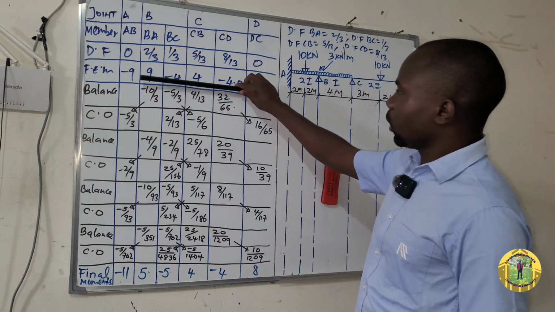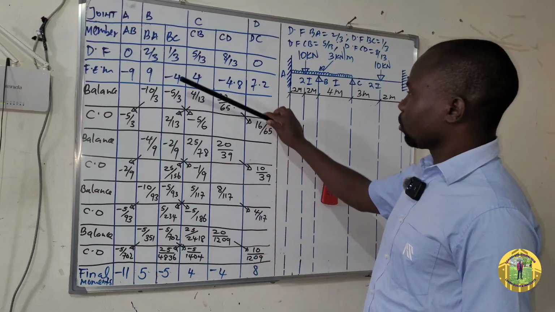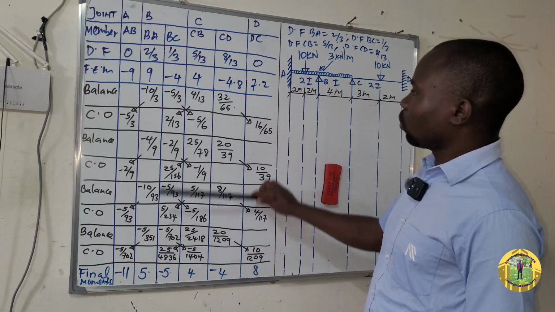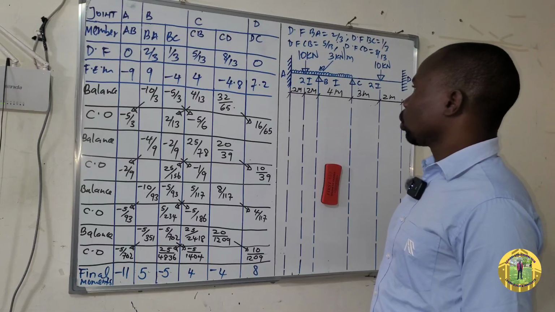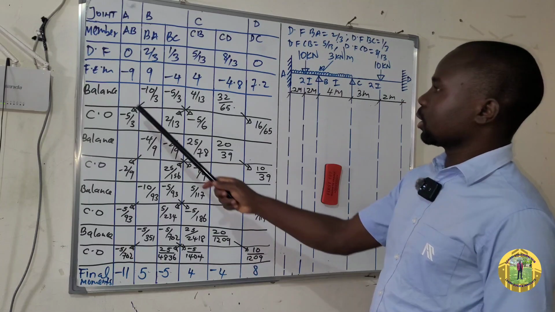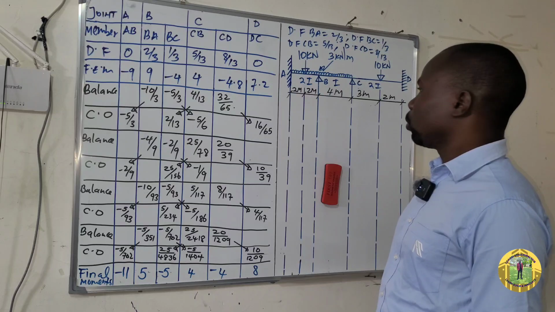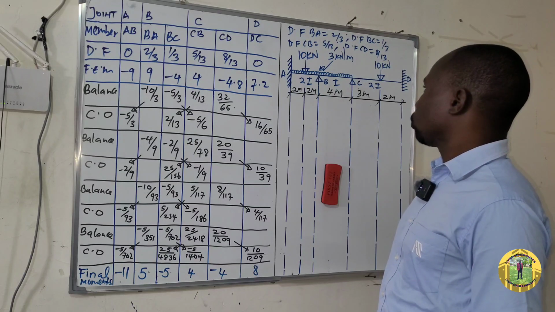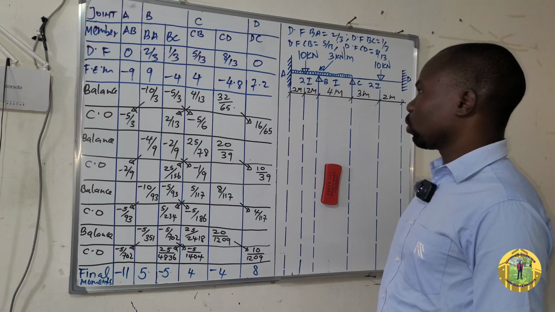Then from here, as you proceed downwards, now this is our calculation. So I want to explain how I arrived at these figures. We start by balancing, and what will help you to know if you are supposed to balance and when to carry over and so on.